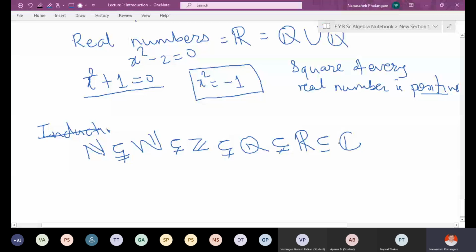Numbers which are not real are called imaginary numbers. For example, what is x whose square is minus 1? It cannot be a real number, and therefore in this case x is the square root of minus 1, which is denoted by i. i stands for imaginary number, right? Then you can identify complex numbers as points in the plane and so on. That we'll discuss in detail later on.